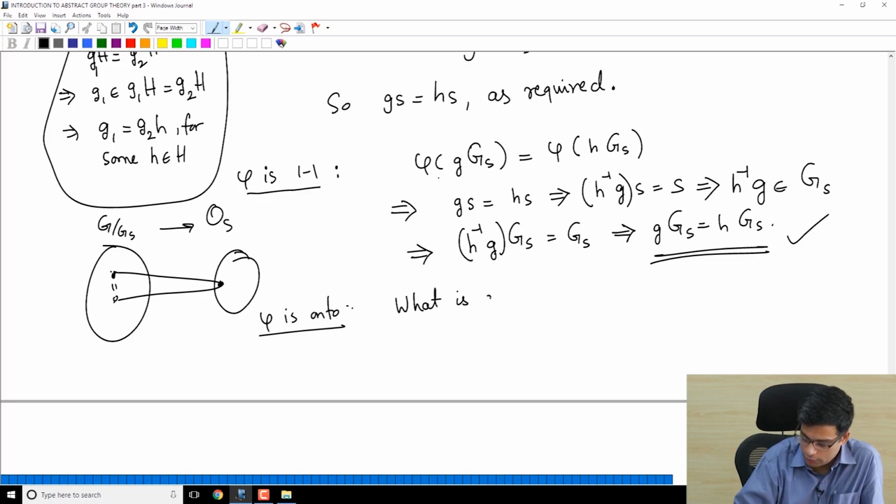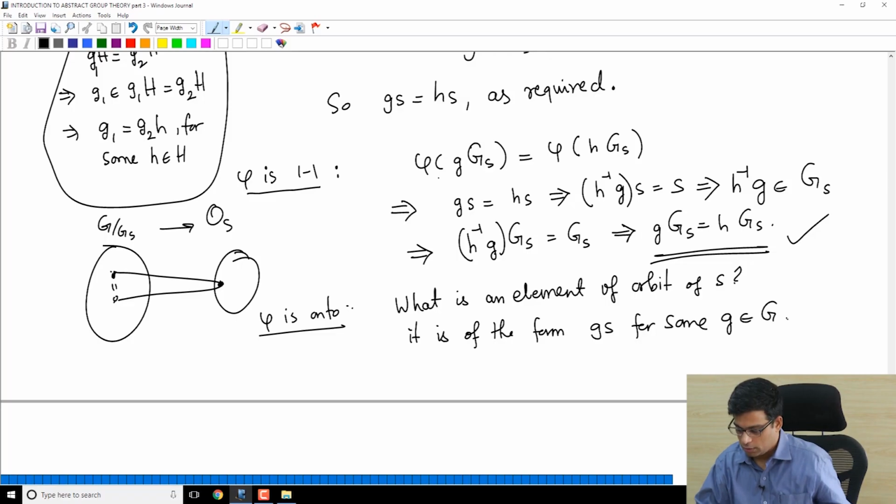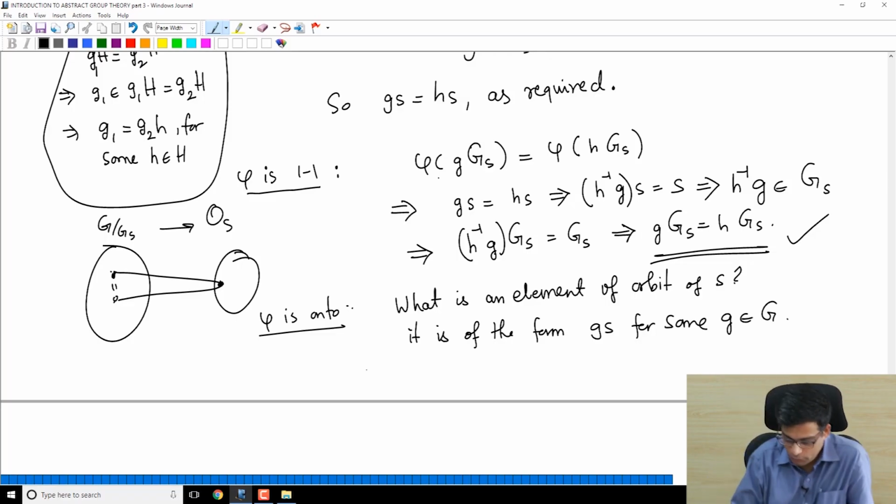What is an element in the orbit of S? A typical element is of the form gS for some g in G, right?